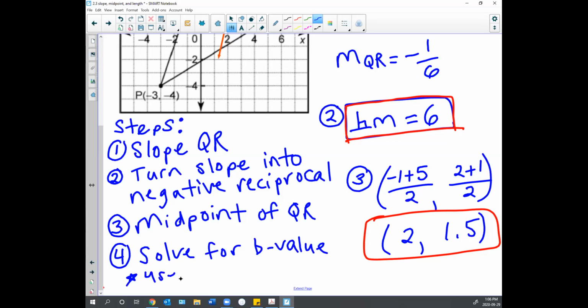So I'm going to write in here, use perpendicular slope.